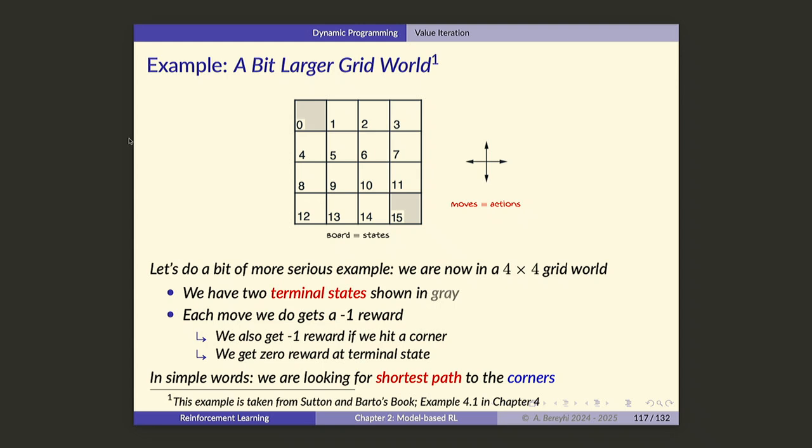Now you start from one state in this grid world, one of the cells, and you can move exactly as before: up, down, left, right. Each time you move, you get a reward of -1. And this -1 doesn't matter: if you hit the wall, you still get -1. Each action you do, you get -1 unless you arrive at the terminal state.